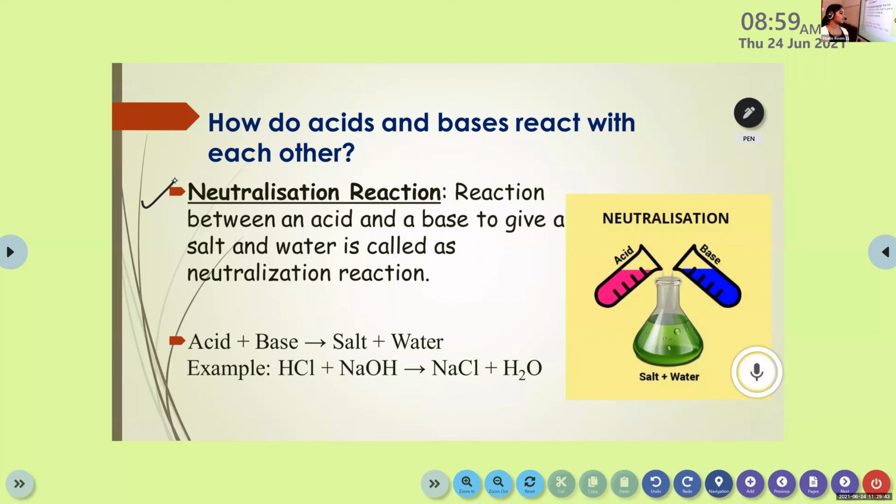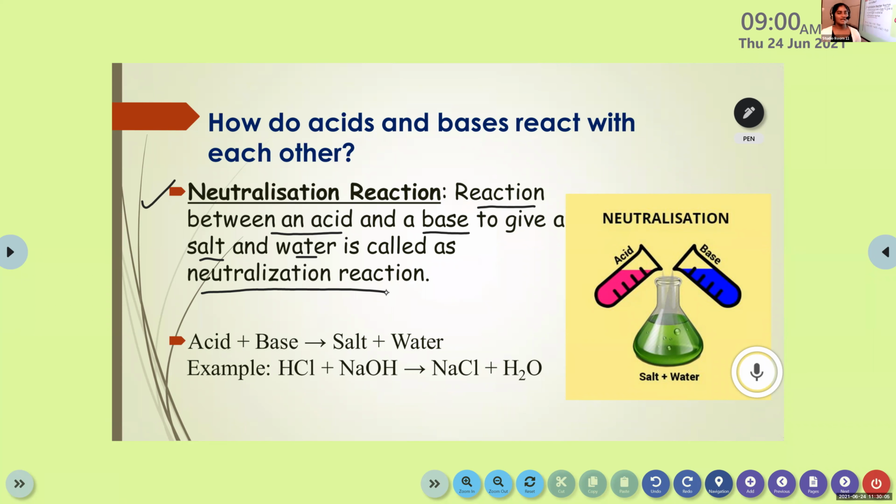The reaction between an acid and a base gives a salt and water. So these are the products formed there. A salt will be produced along with water.